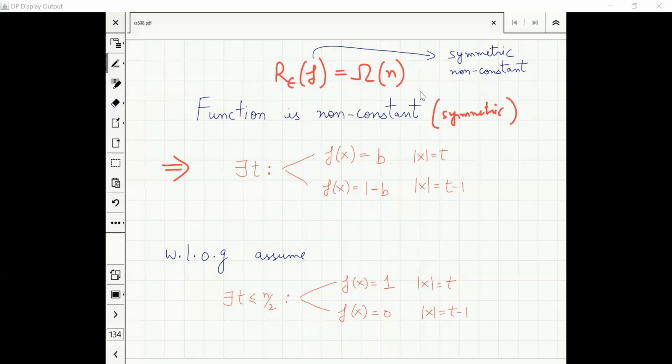So there are two ways to complement the function. One is a very natural complement, f to 1 minus f, which gives me that f(x) is equal to 1 at the higher Hamming weight and 0 at the lower. The other way is to complement the inputs, and that will handle t less than n by 2. So these two conditions I can assume.